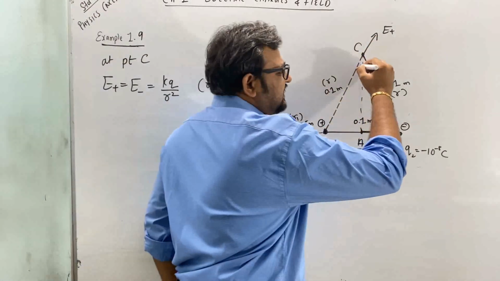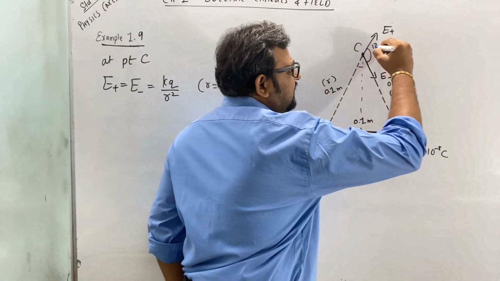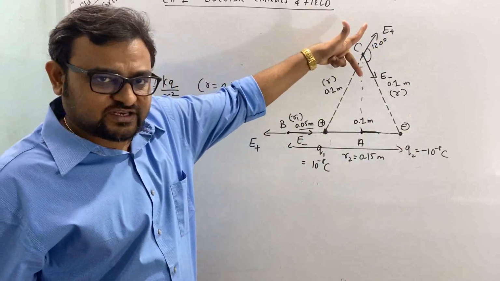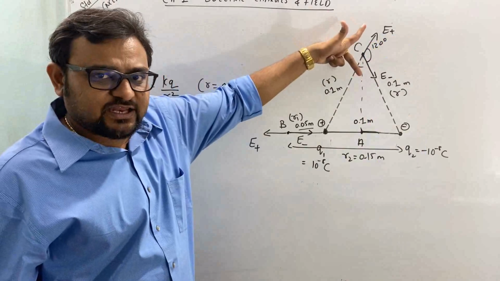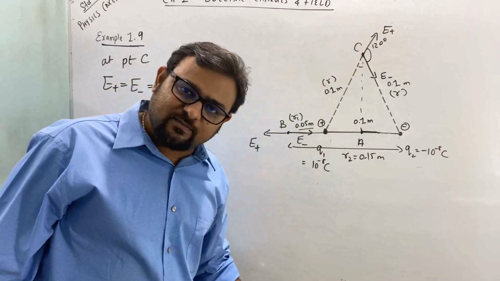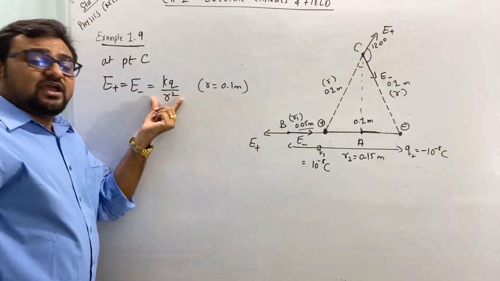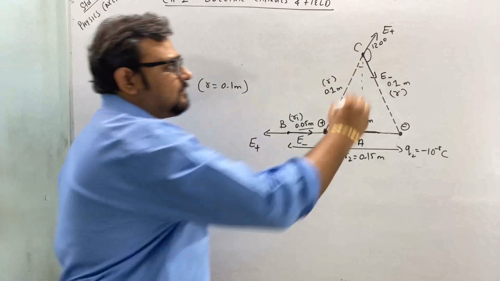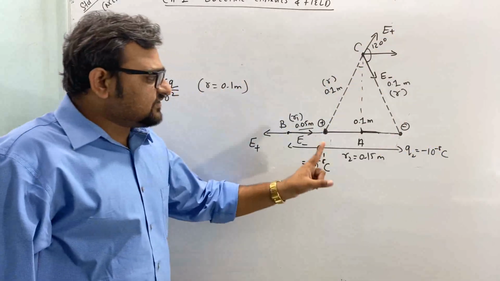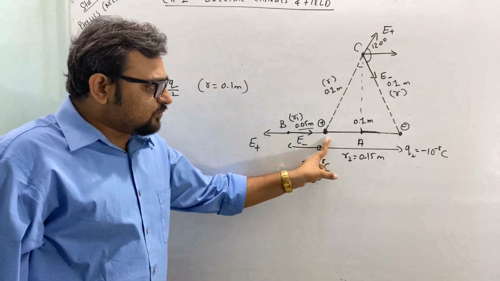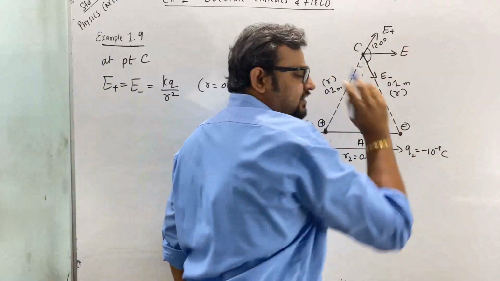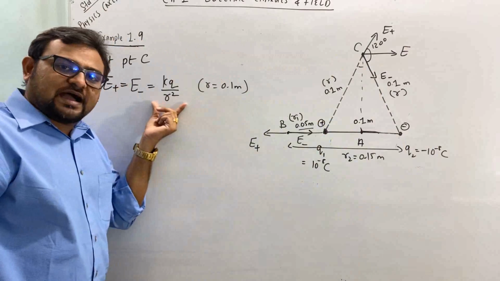So this will be 60 degree, so this will be 120 degree. Now we had already studied that two vectors having same magnitude and the angle between them 120, the resultant will also have same magnitude, meaning the resultant will also be KQ by R square, and it will bisect this angle, meaning the direction will be from positive to negative. This is the resultant electric field.